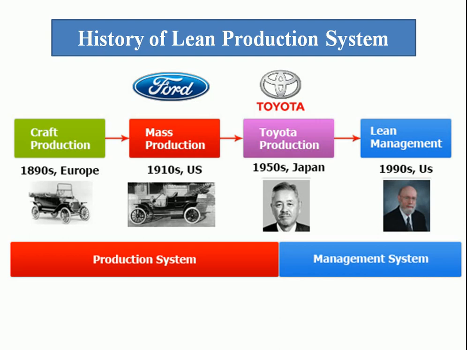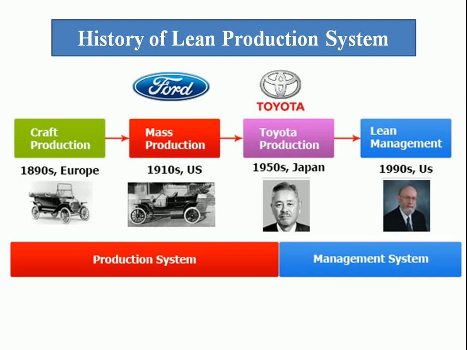And after a period of time, in the early 90s, in USA, the mass production system was introduced in order to cater to the increasing demand of the customer for production as well as the quality required to manufacture similar components in large numbers.